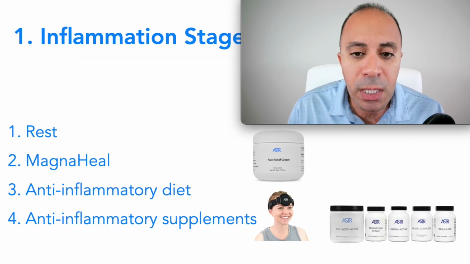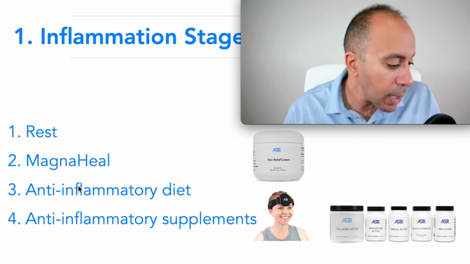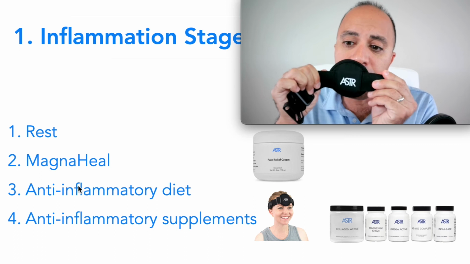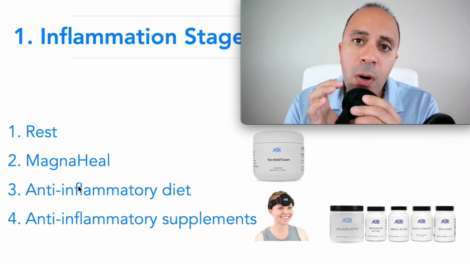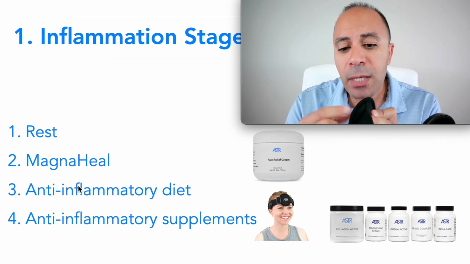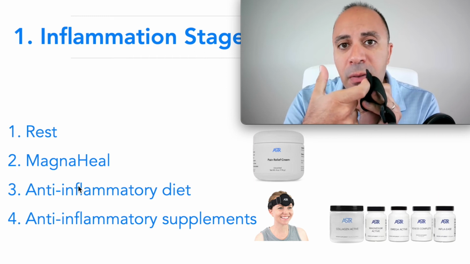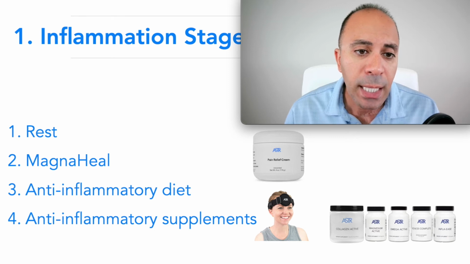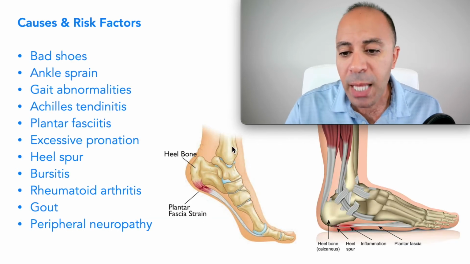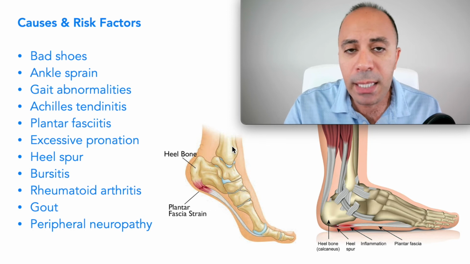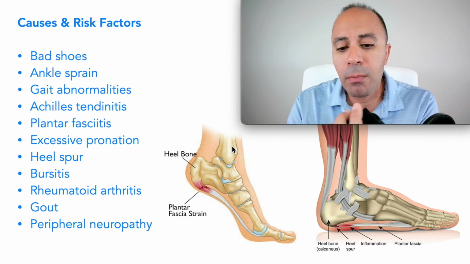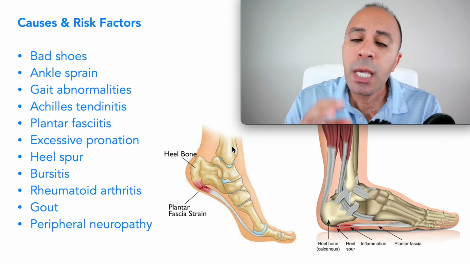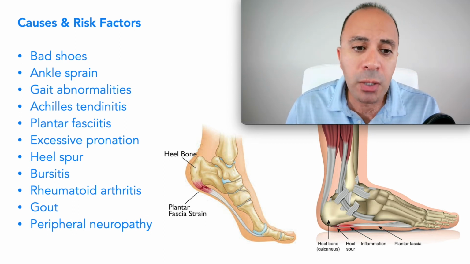What I personally do is use the MagnaHeal to decrease the inflammation. The MagnaHeal device is a very strong magnetic device, and the range of the magnetic field is 3 inches. So we can use it for any of these conditions, plantar fasciitis, Achilles tendonitis, ankle sprain, and wear it, and if it's a mild to moderate inflammation, that will get the inflammation under control.